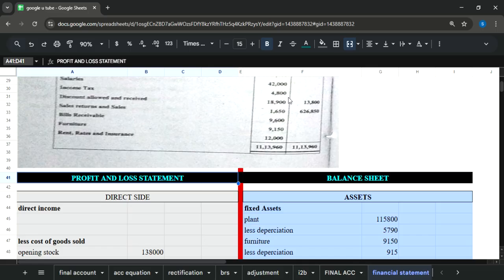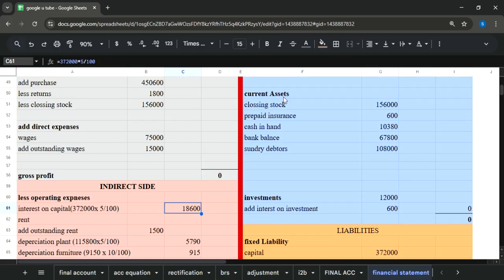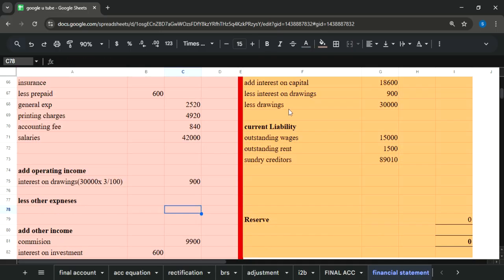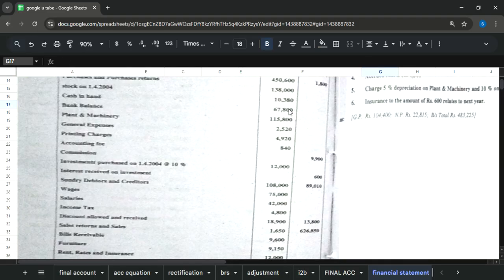Business has paid income tax, that would be deducted from capital. So we will go to liability side. On capital side, we will mention income tax amount, which was 4800. Let's see it again. Income tax 4800.